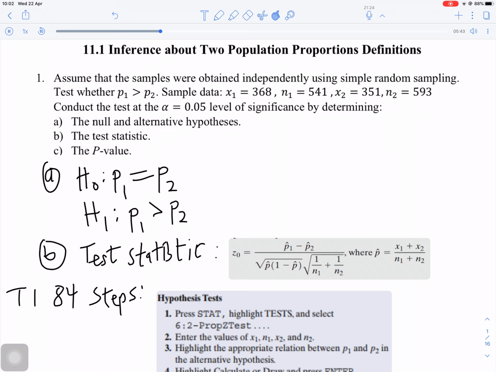Remember, p is the representation for population proportion, p1 being the proportion of population 1, p2 the proportion of population 2. For the sample data, x1 is the number that has a characteristic of interest in population 1, and n1 is the sample size of population 1. Then x2 is 351, and n2 is 593.